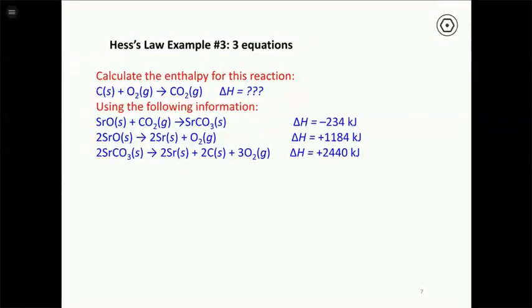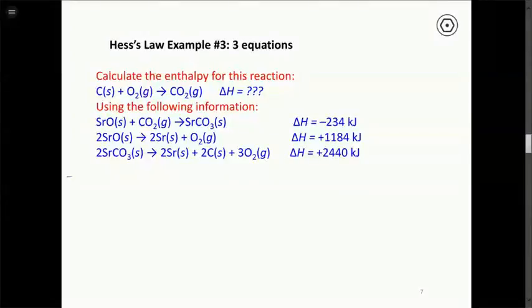Alright, so this one's a little bit more roundabout way of doing it, but what we see is, again, in this overall equation here, we have CO2 as a product. We have one CO2 as a product. If we look at the given equations, for the first one here, we have one CO2 as a reactant. CO2 does not appear in any of the other equations, so we're going to flip this first equation, and that's going to put CO2 on the product side, which is where we want it for our overall chemical equation.